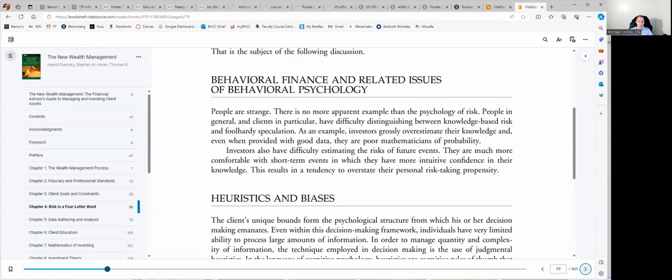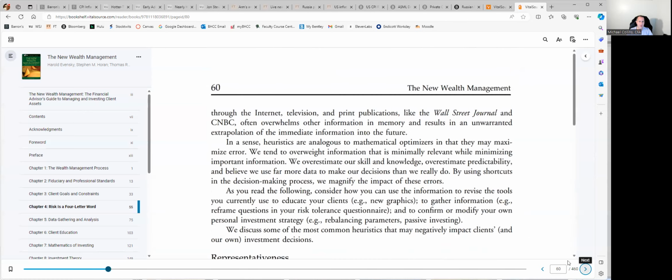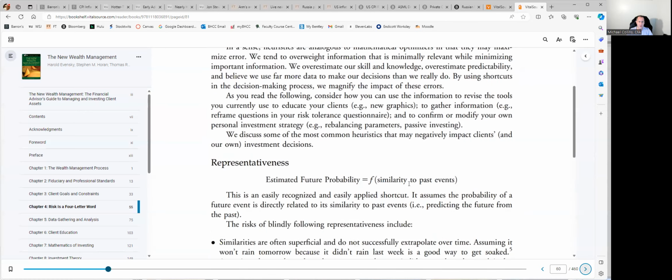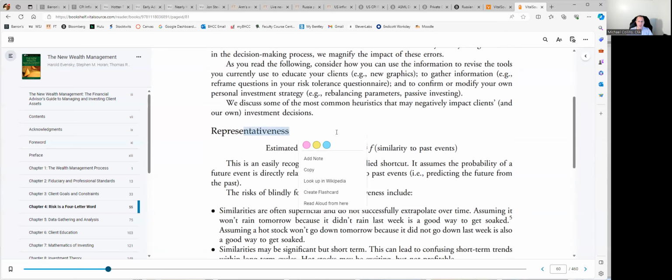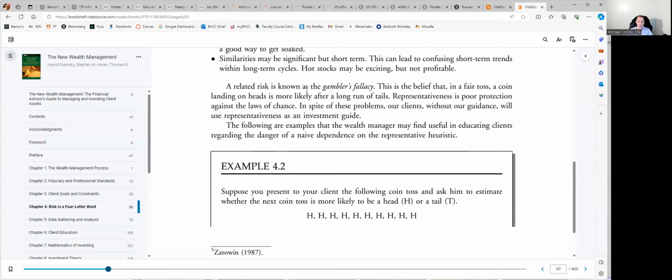Be familiar with the term heuristics and biases. What are those? One is representativeness. Be familiar with that. Another one is gambler's fallacy.